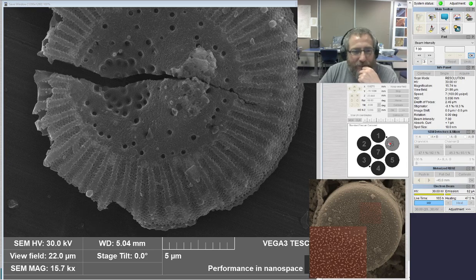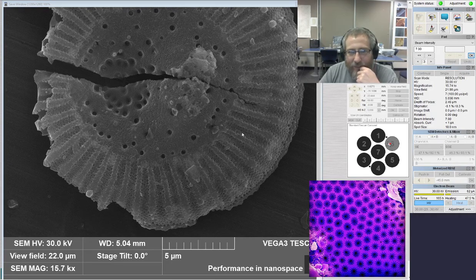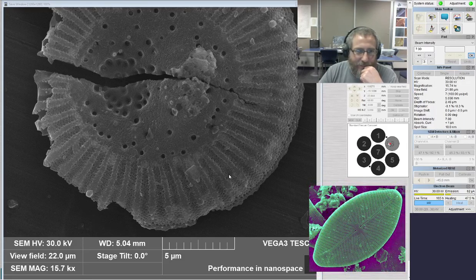Yeah, this is an interesting little guy. There's all this stuff on the valve face going on, and then there's sort of this colliculate structure sticking up at us and depressed down into the field of view.